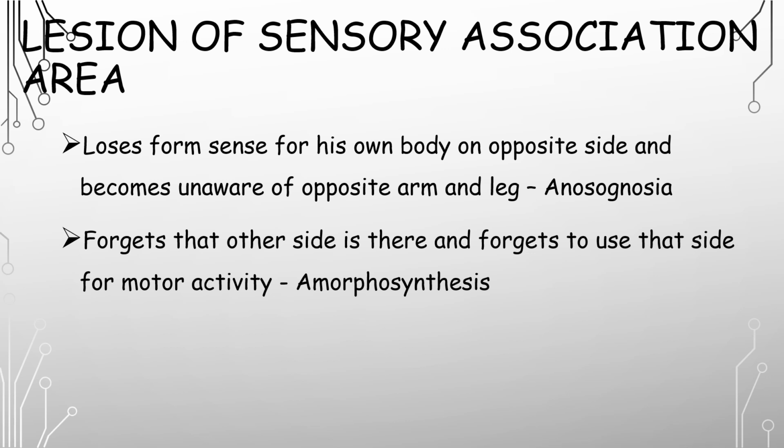So the patients will forget the other side of the body. They will shave only one side of the body and they forget to shave the other side. They will forget that there is another side in their body that exists. That is amorphosynthesis.